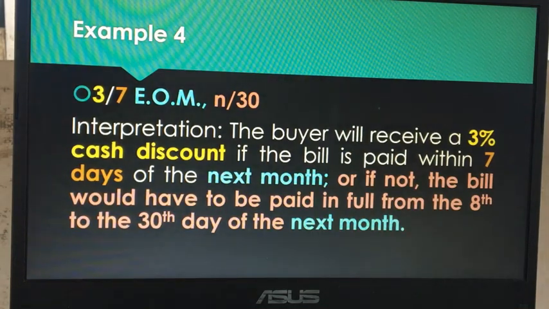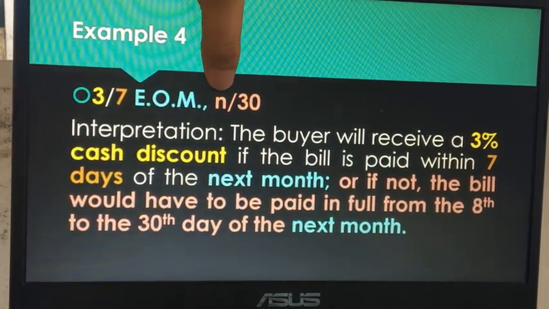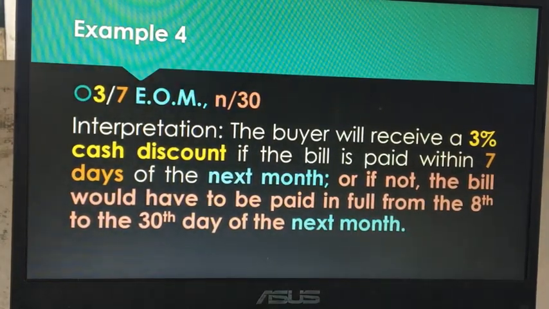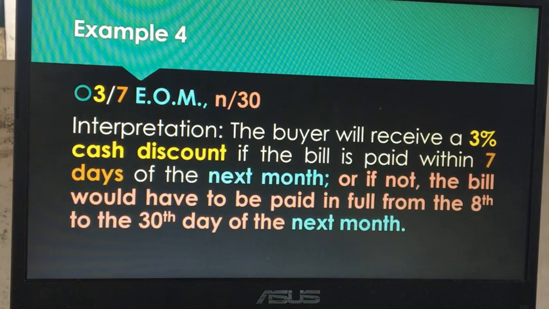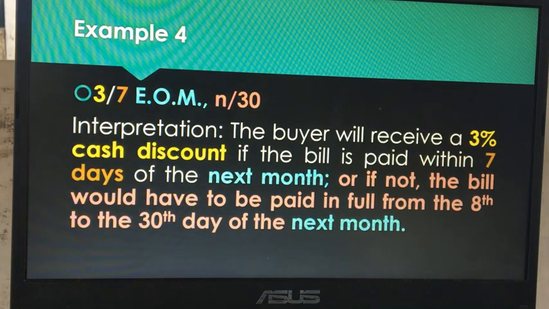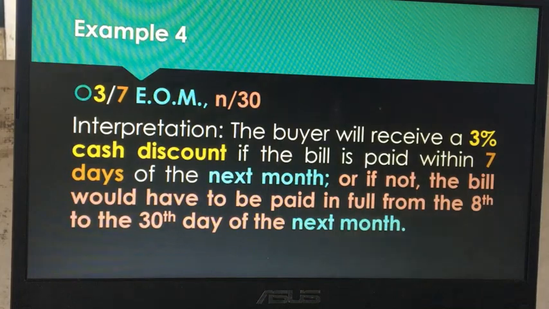So the 30th day is the overdue. Why am I referring to the 30th day? You can see it here. Whatever the denominator of your n is, that is the overdue date. Okay, so that's how we interpret this one. 3 over 7, again, EOM refers to next month. So that is example number 4.